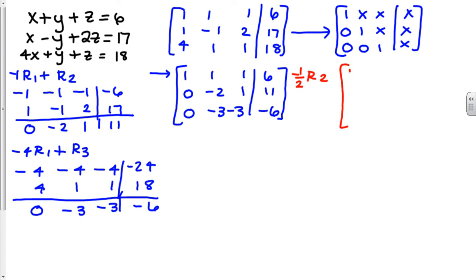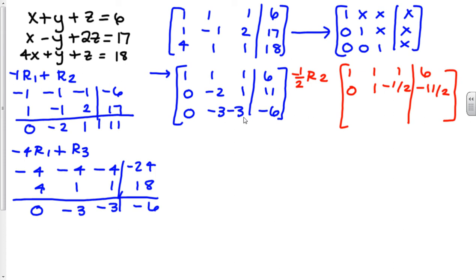My top row, I did not change it. My second row, 0. Negative 1/2 times negative 2 is 1. Negative 1/2 times 1 is negative 1/2. And negative 1/2 times 11 is a negative 11/2.